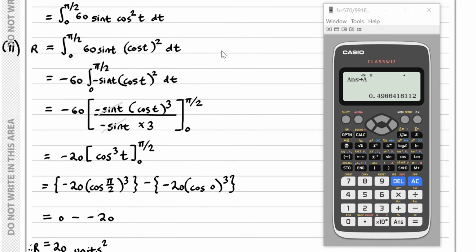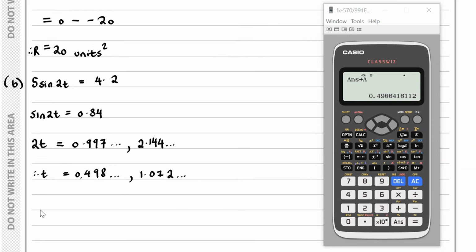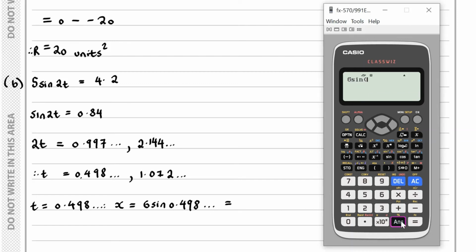So when t is equal to 0.498, etc., we can use our formula for x. X is equal to 6 times the sine of t, so we have 6 times the sine of 0.498. So if we work this out, we have 6 times the sine of this, which is 2.869, etc. meters. So let's just store this into C.